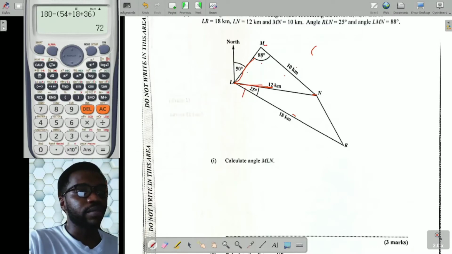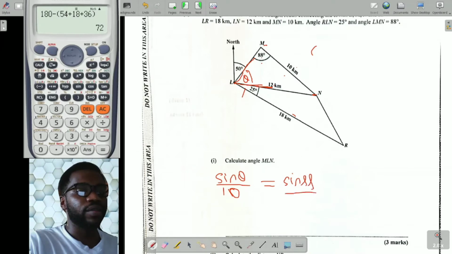Let us call this theta, for example. Now we can say sine theta over the side that is opposite to this angle, which is 10 kilometers, is equal to the angle that we know, which is 88, sine 88, over the side opposite the 88 angle, which is 12.